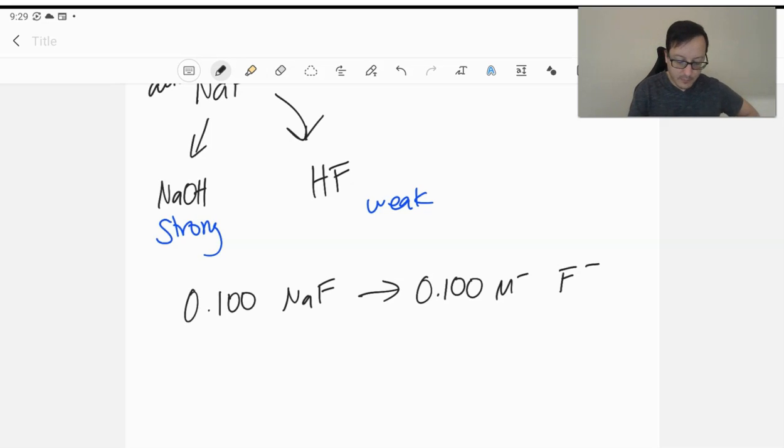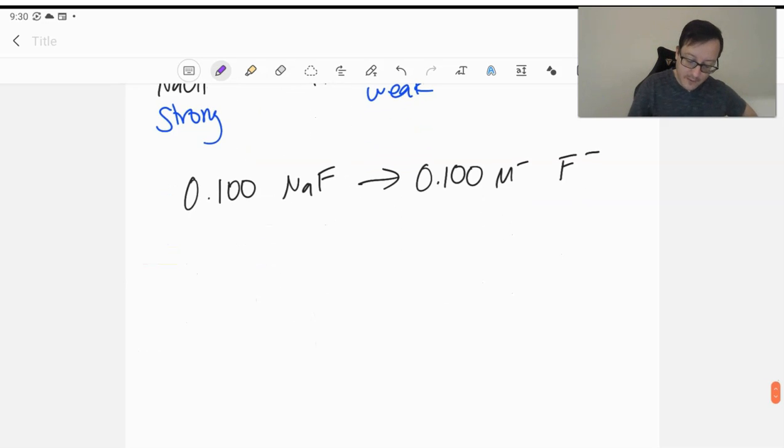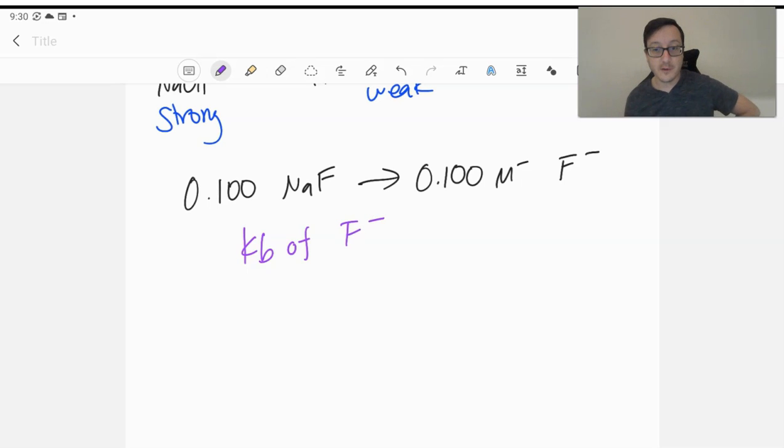Then, to calculate the pH, we would find the Kb of fluoride and go from there. We would do our calculation with the ICE table, solve for X, calculate the pOH first, and then we would get the H plus, or the pH, after that.